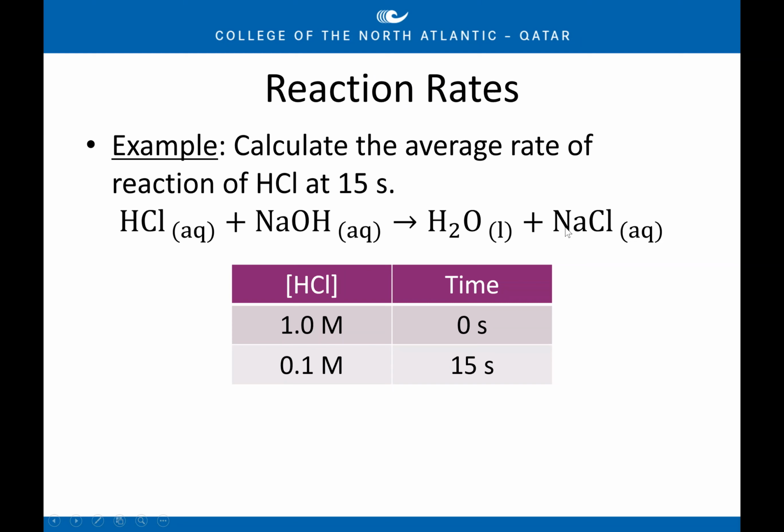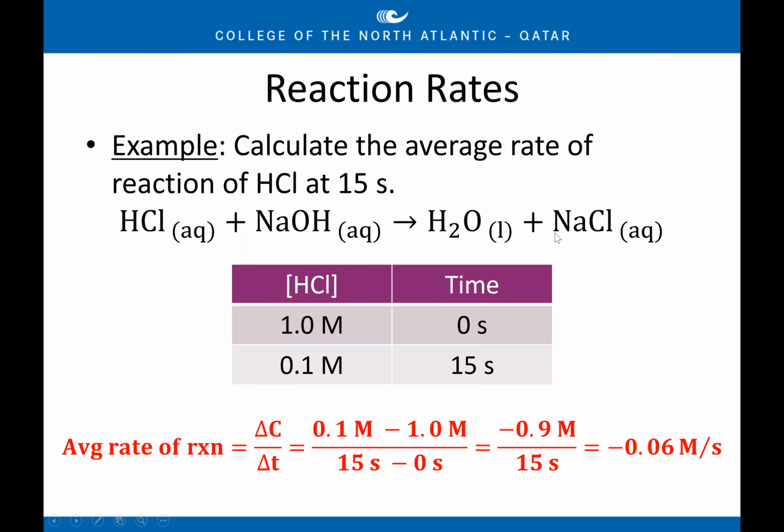So here's an example. This will kind of get you ready for your lab here. This is a pretty good example because one way to measure concentration of particularly an acid, which this is an acid, we'll talk more about this in unit 4.